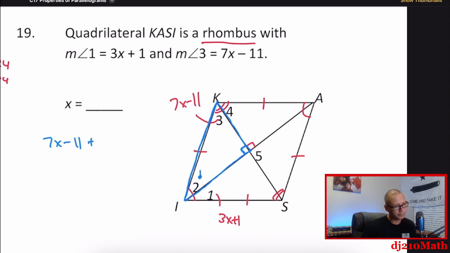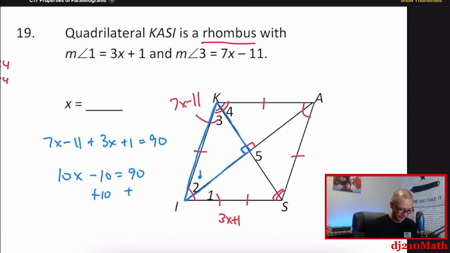So 2 and 1 are the same degree. So plus 3x plus 1, this has to equal 90. 3 and 2 together have to equal 90. Combining like terms, 10x minus 10 is equal to 90. Plus 10, 10x is equal to 100. X is equal to 10.